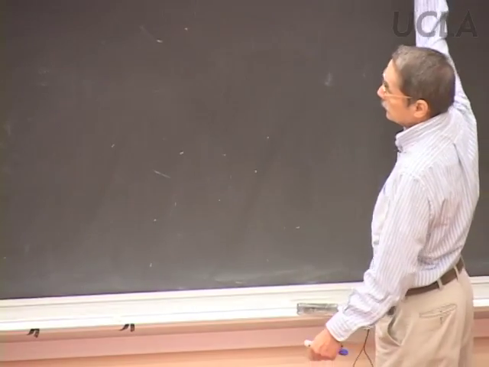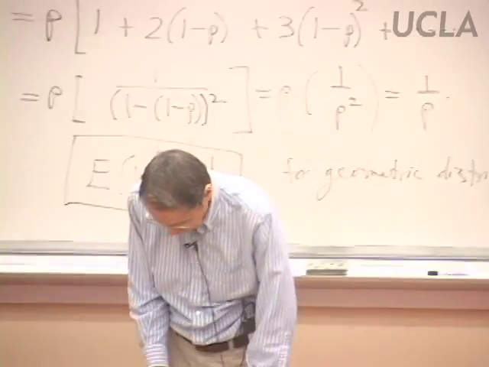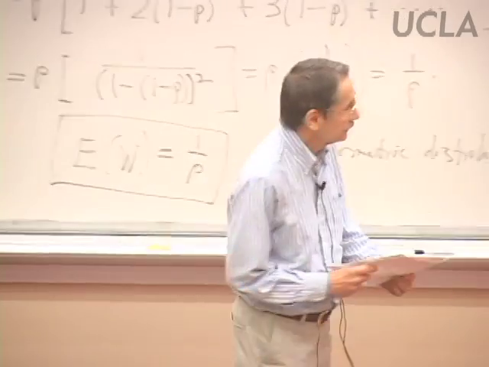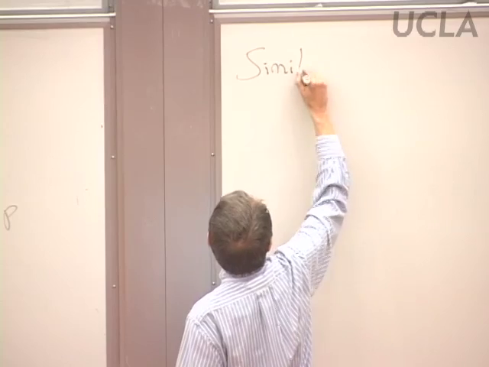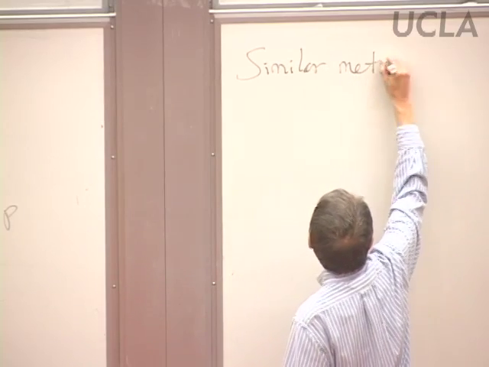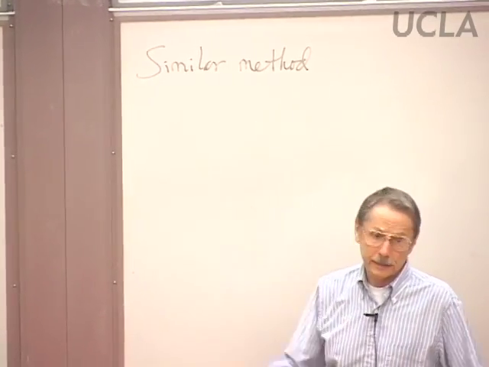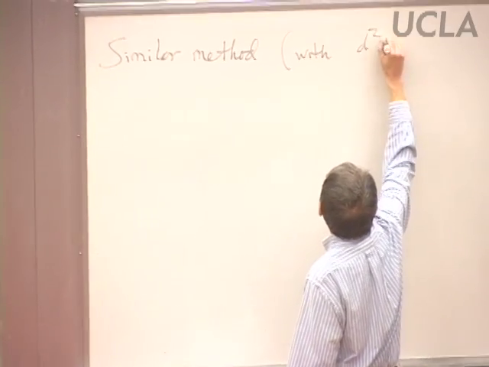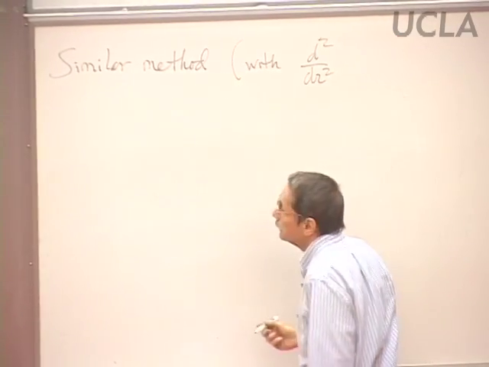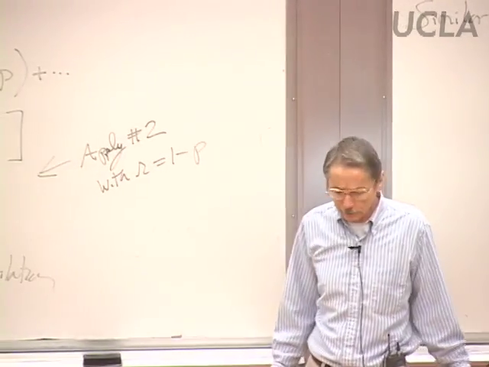And we also want the variance. And I'll just cheat. Okay, a similar calculation, but you have to use the second derivative. Right? We use the first derivative to get equation number 2, and so take derivatives again to get equation number 3.